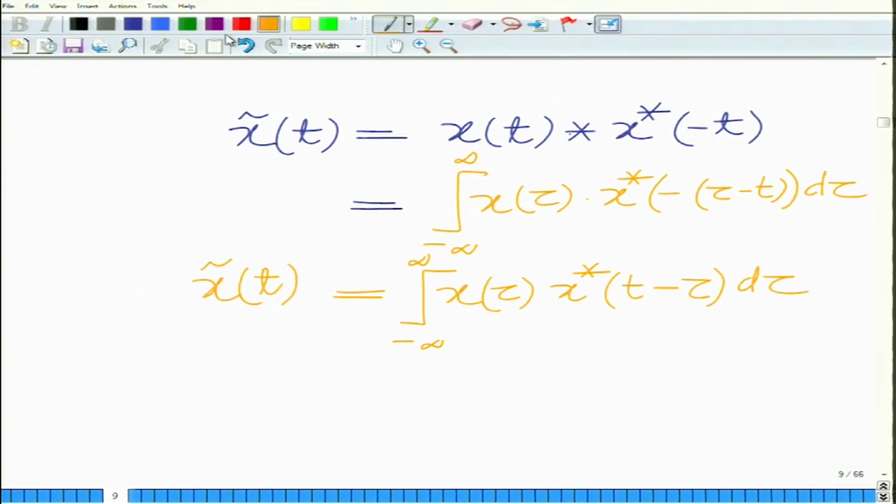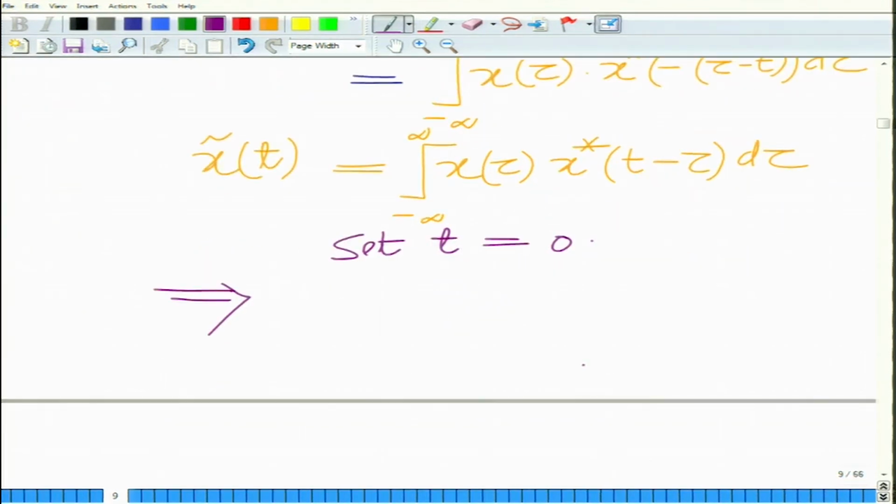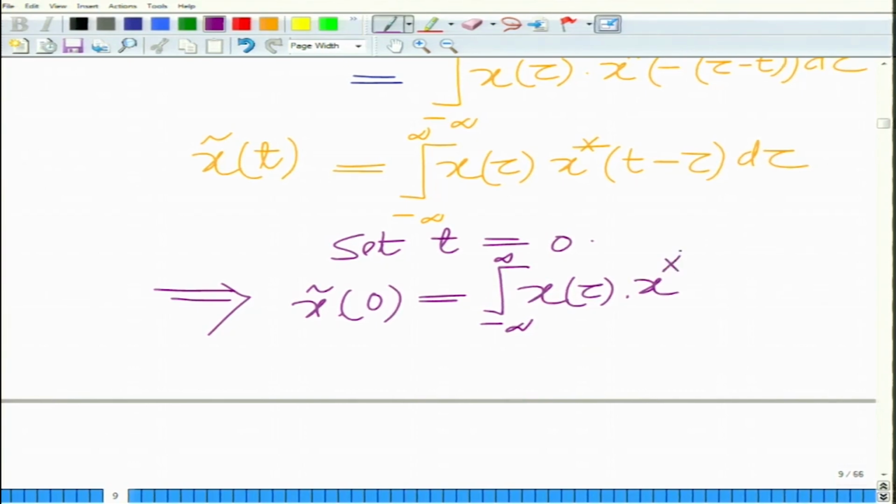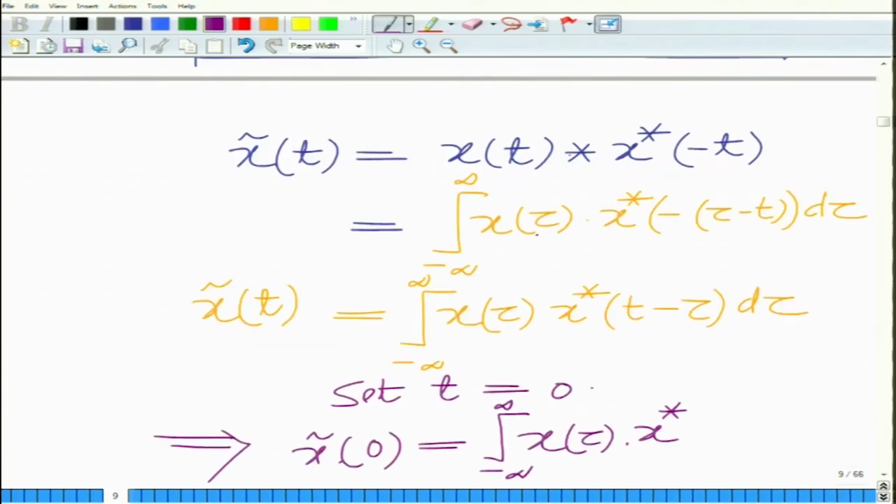which implies, setting t equal to 0, you have x tilde of 0 equals integral from minus infinity to infinity x of τ into x conjugate of, I am sorry, this is x of τ into x conjugate of τ minus t dτ.